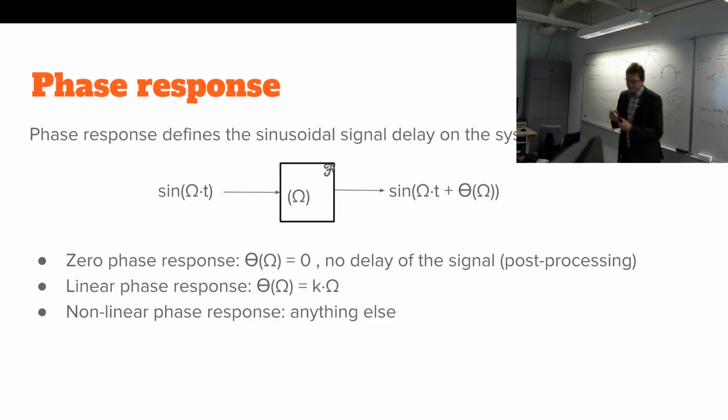Okay. There are three kinds of phase responses in reality. Yes, in reality, we also have zero phase response. Okay, how about if we have a system just like that and it's a nonlinear phase response?